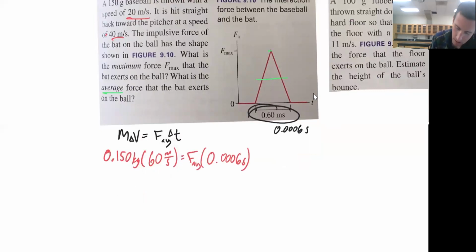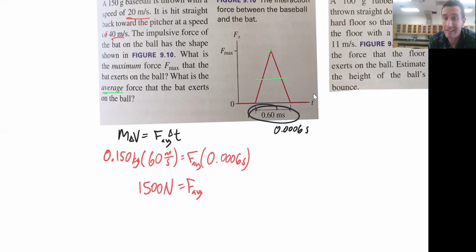Okay. Solve for force average. And that will be 0.15 times 60 divided by 0.0006. 1,500 newtons is my average force.